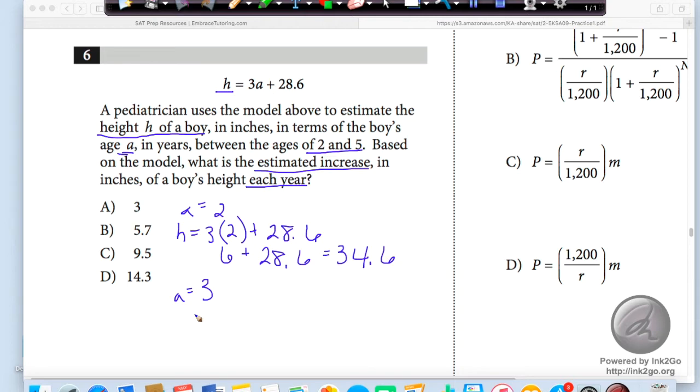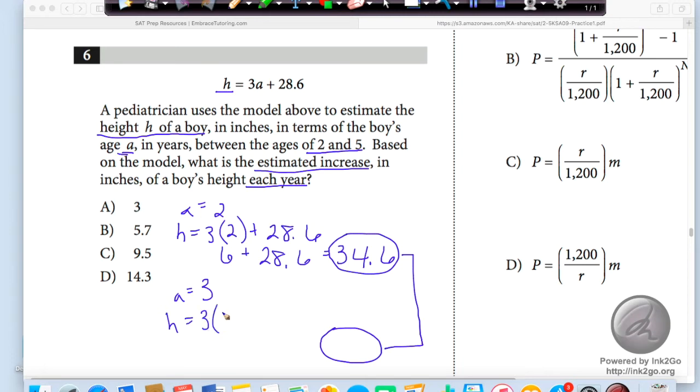34.6. Instead, when he turns 3, what we're really going to want to do is figure out the difference, right? We want to figure out how much he grew from the total height in inches at age 2 versus his total height when he was 3.